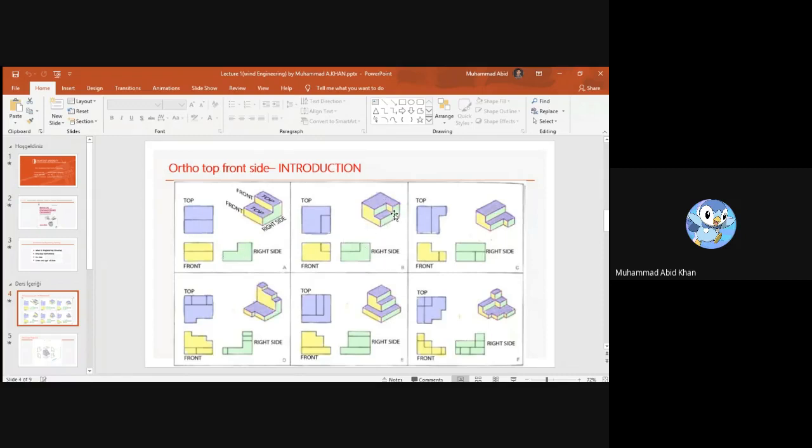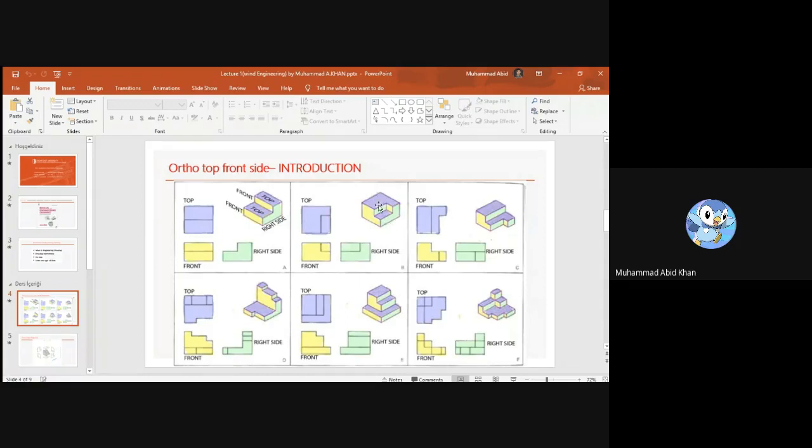The device can be any kind of device, let's say a box. We consider this yellow side the front side. When we are looking at this side, what we see in the front side, we draw it here. And the half green side is the right side.